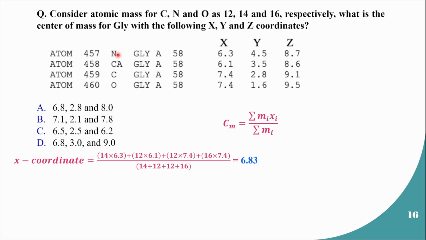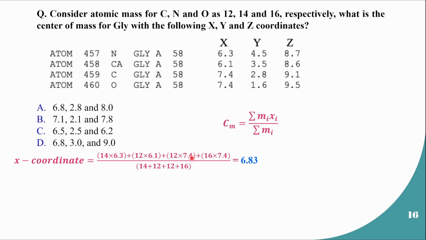In this particular case, for the nitrogen, we have been given that the atomic mass is 14, right? So the first term for the mi times xi will be nitrogen's atomic mass, 14, multiplied by 6.3. 14 times 6.3. And then for carbon, we have been given the atomic mass as 12, so 12 times its x coordinate, 12 times 6.1, plus another carbon, 12 times the x coordinate value 7.4, plus for the oxygen, which has an atomic mass of 16, 16 times 7.4.